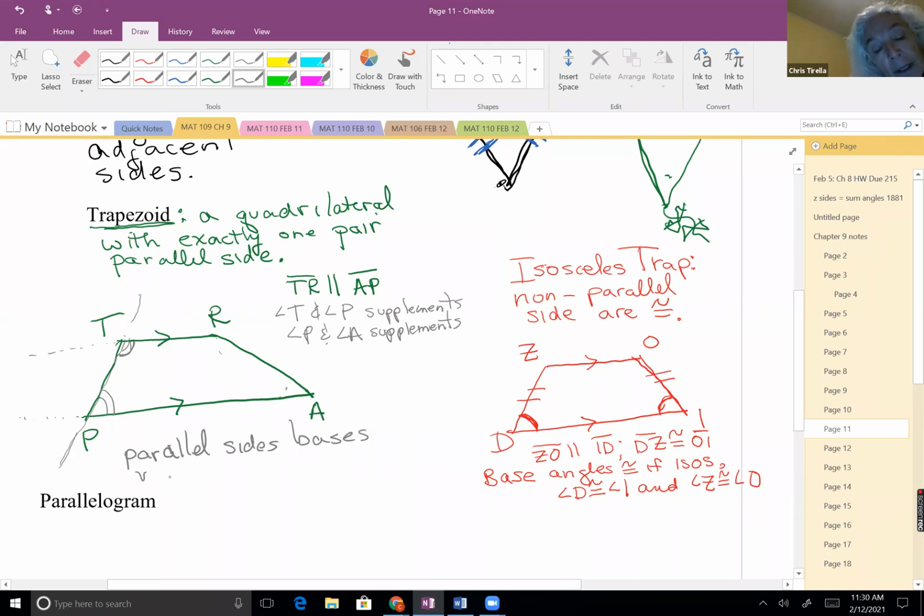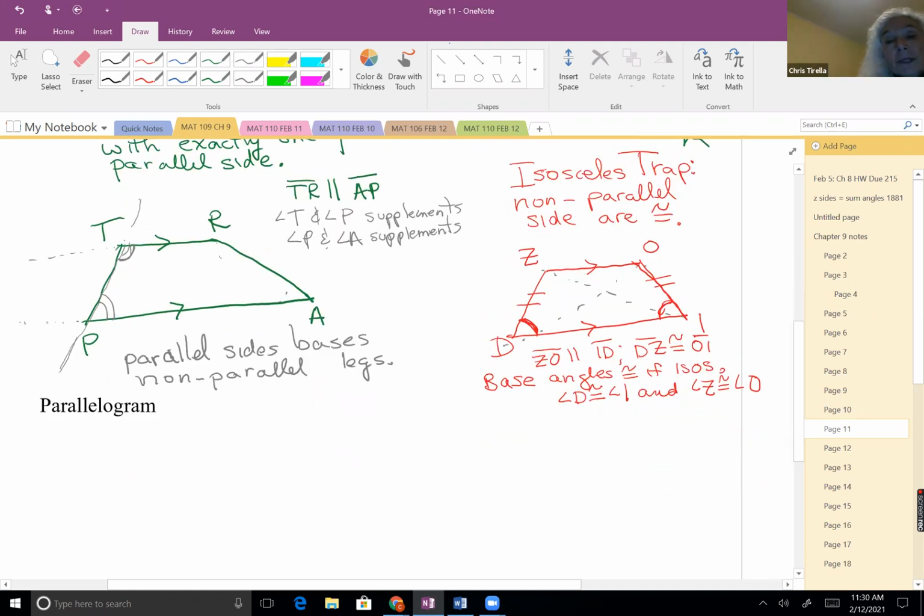The non-parallel sides are the legs. Another thing that turns out to be kind of cool with an isosceles trapezoid is that the diagonals are congruent. An interesting sign.